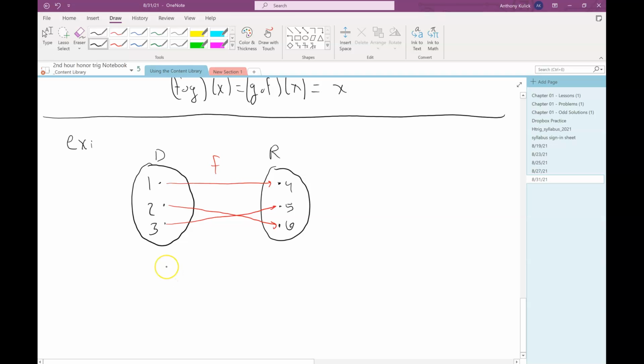If I observe that function f, what I see is that 1 is mapping to 4, 2 is mapping to 6, and 3 is mapping to 5. If I wanted the inverse for this function, I want a function that undoes whatever f did.